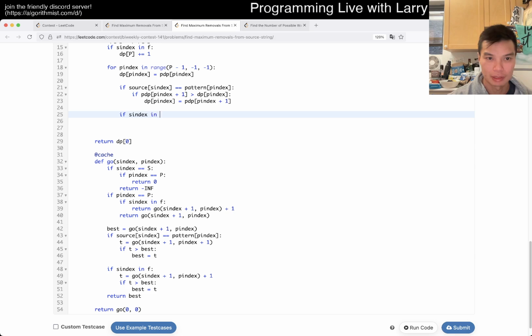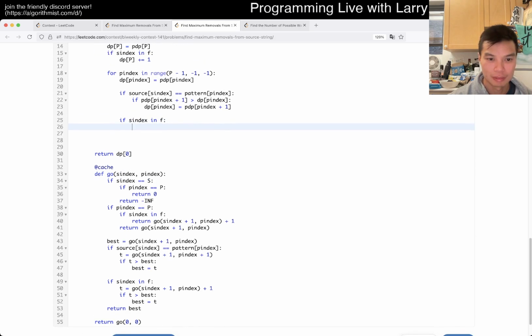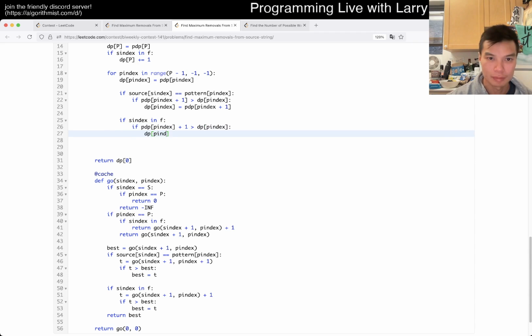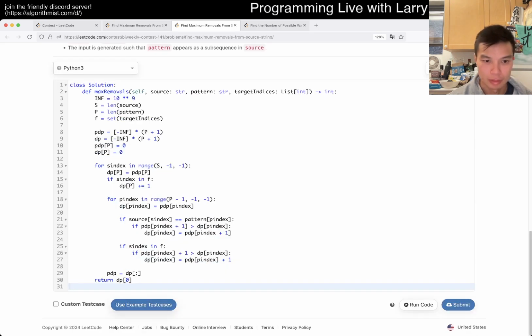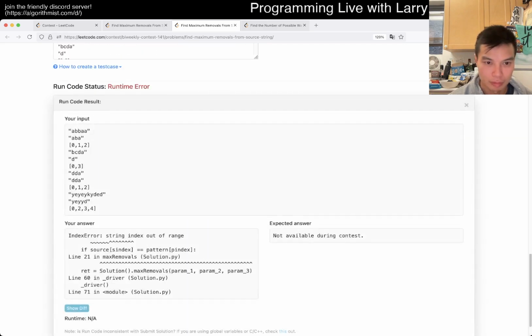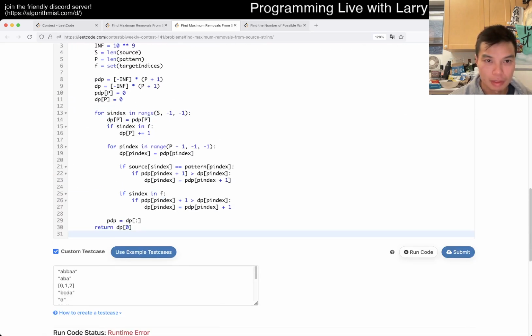If S index is in F, we probably could remove this loop, whatever. And how did I have it?